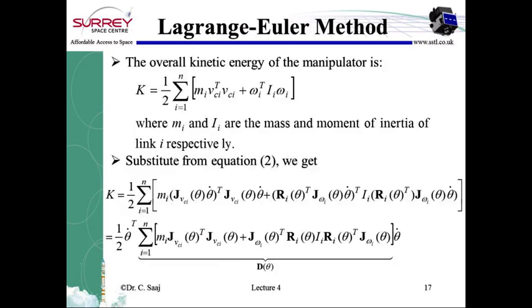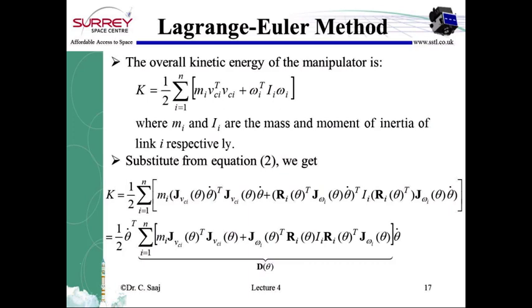Next, I'm trying to find the total kinetic energy for the manipulator. For that, I write the expression for the kinetic energy as half the summation, where i varies from 1 to n, of the linear or translational part of the kinetic energy plus the rotational part of the kinetic energy.